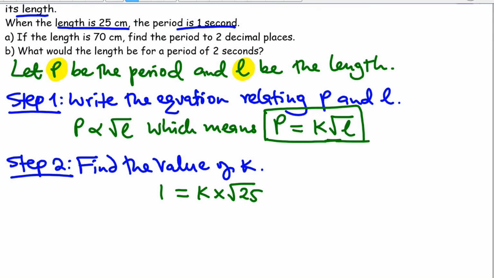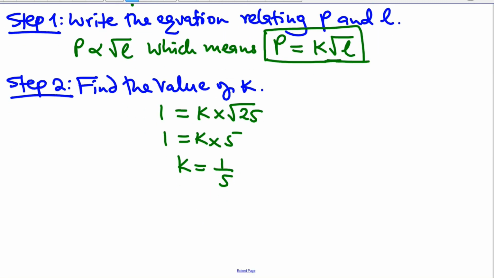So 1 is equal to k multiplied by the square root of 25, which is 5, which means that k will be equal to, the opposite of multiplying by 5 is dividing by 5, so 1 over 5. So k is equal to 1 over 5. Step 3, rewrite the equation using the newly found value of k.